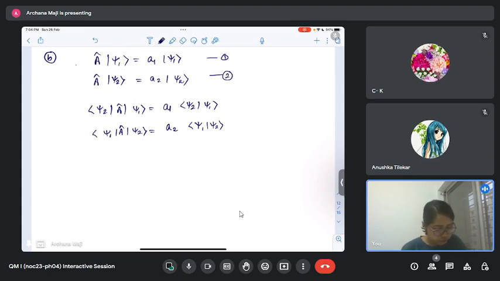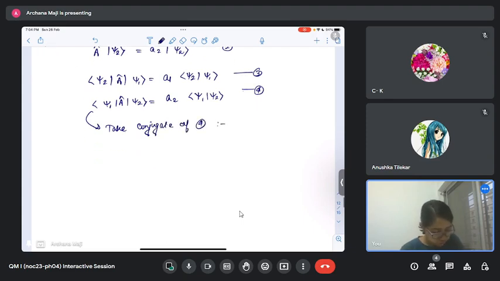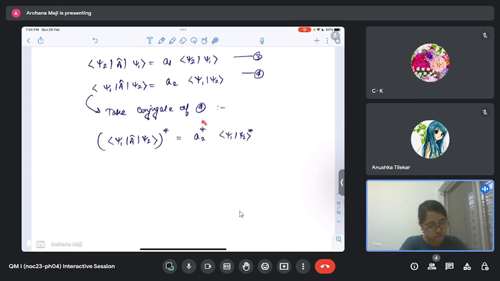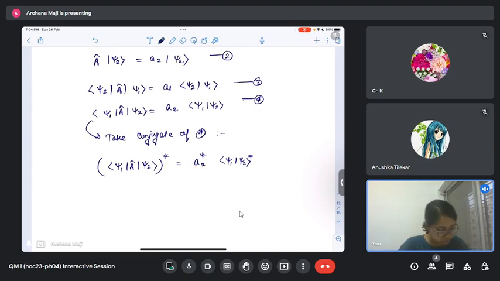Now let us take Hermitian conjugate of this equation 3. Conjugate of, let's say, 4. What do we get? Psi 1 A psi 2. This expectation value is a number, so we just need to take conjugate. So A star, psi 1, psi 2 star. But we saw that eigenvalues of Hermitian operators are real. So now we can replace it by just A2.